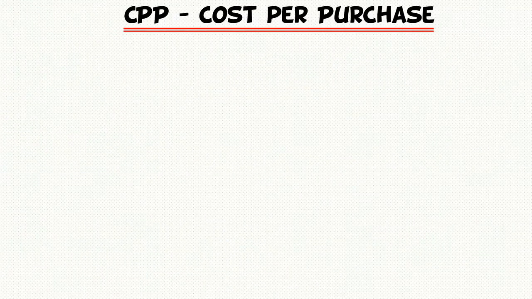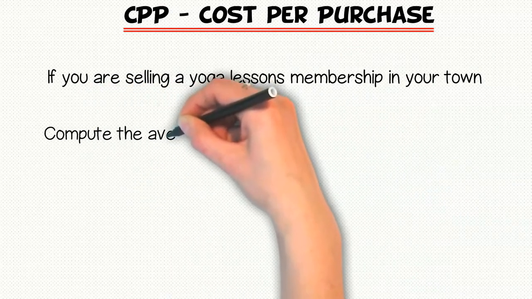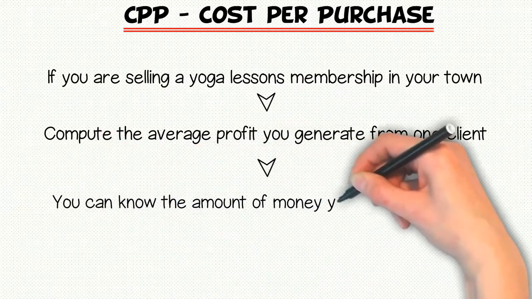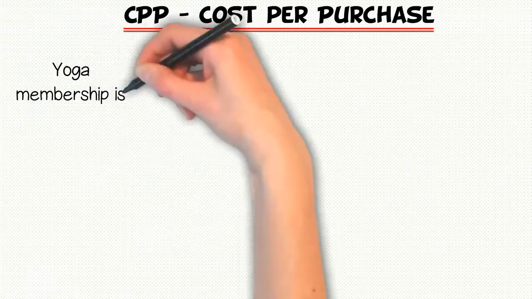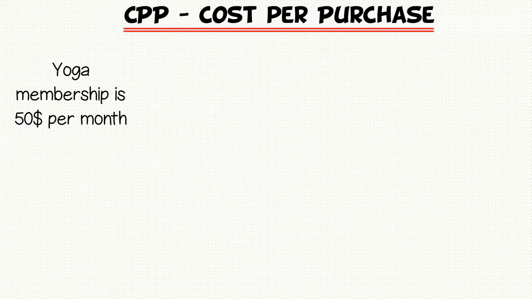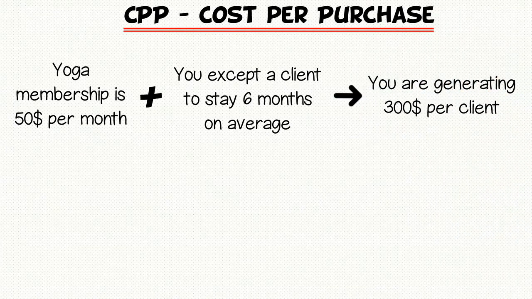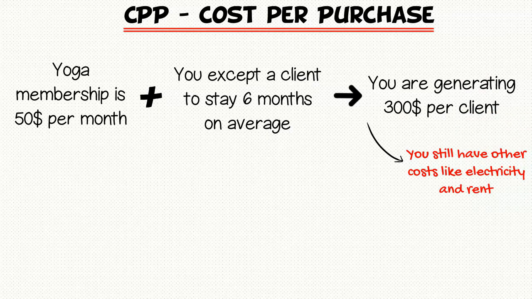Same thing for a local business. If you are selling a yoga lessons membership in your town, you have to compute the average profit you generate from one client. Then you can know the amount of money you are ready to put on ads in order to acquire a client. For example, if your yoga membership is $50 per month and you expect a client to stay 6 months on average, you are generating $300 per client, but you still have other costs like electricity and rent.